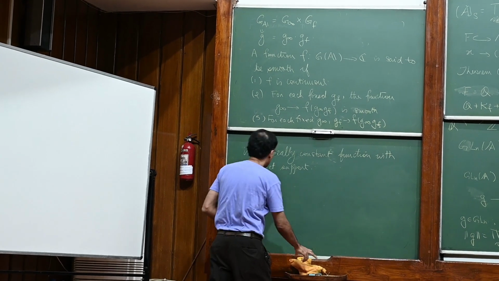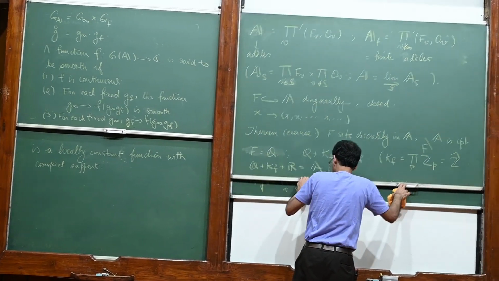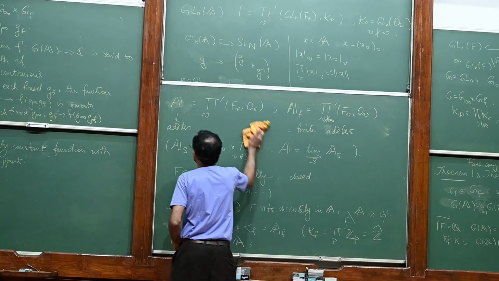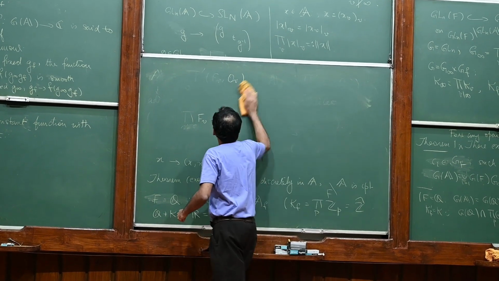So what's an automorphic form? An automorphic form is going to be a smooth function, of course, which is why we defined it.